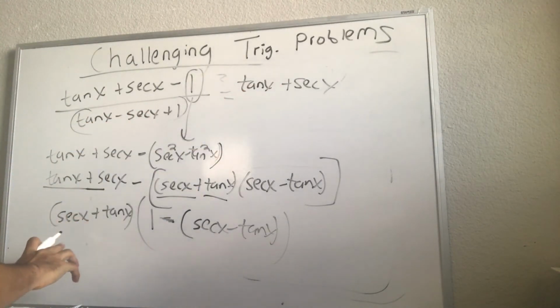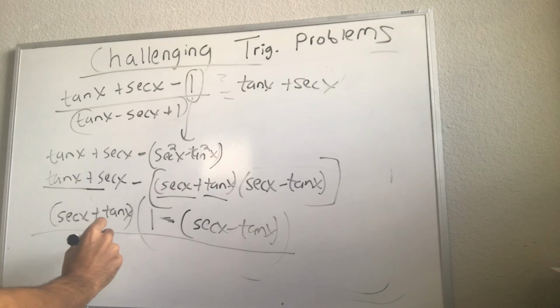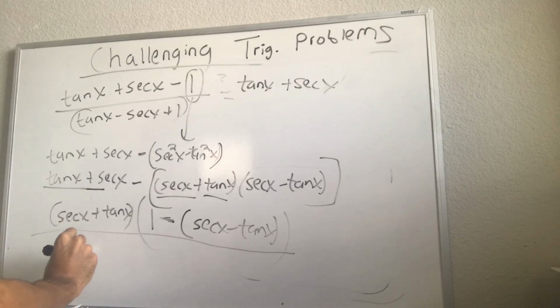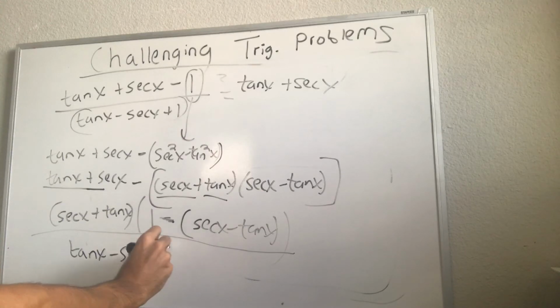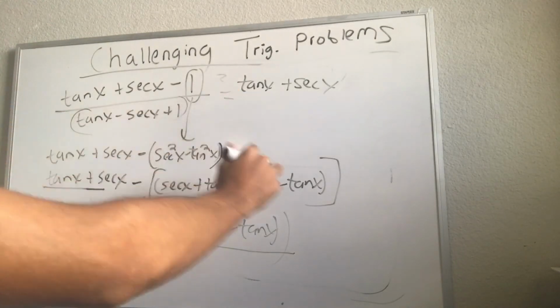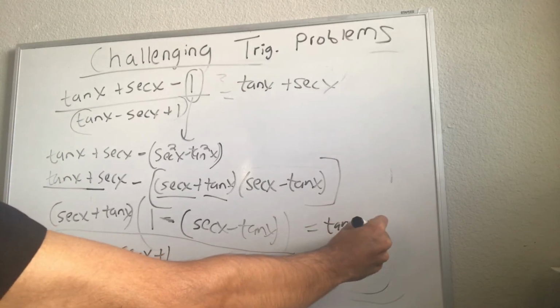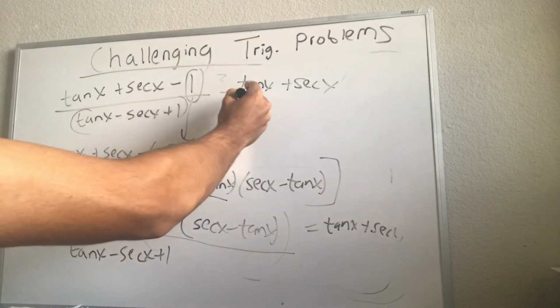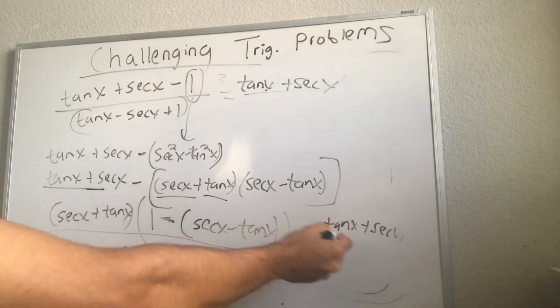So now we get this, and on the bottom we had tangent of x minus secant of x plus 1, and obviously here we have tangent of x plus secant of x. Again, just carry the denominator value below, so you get the idea. You have this and this.